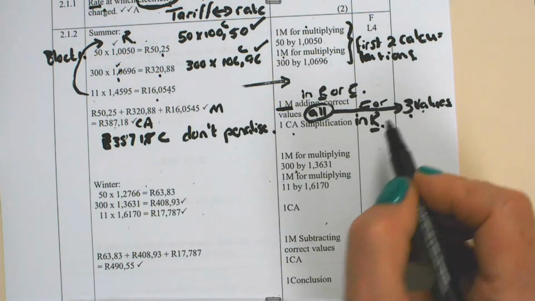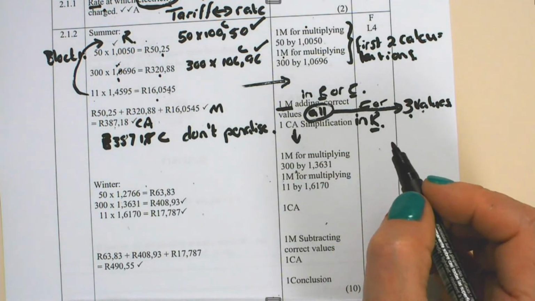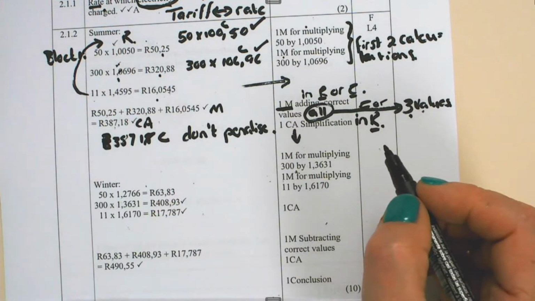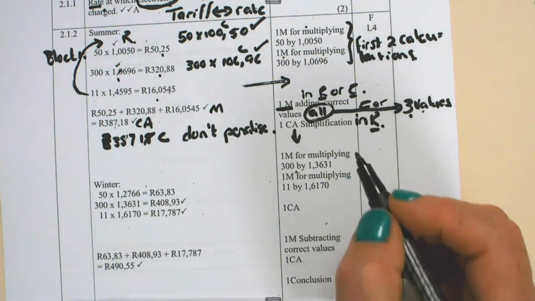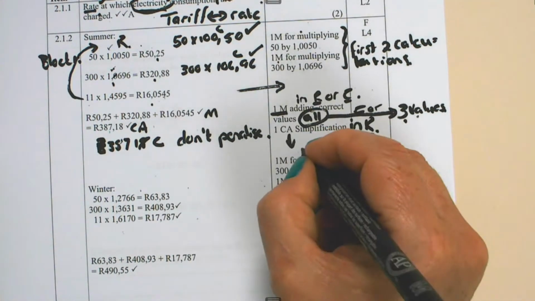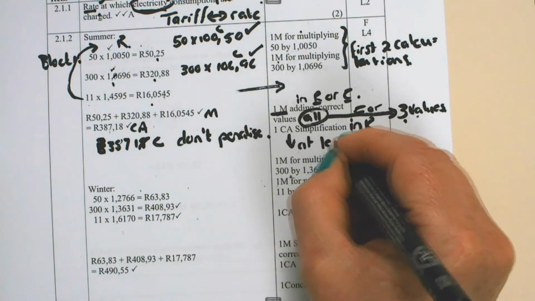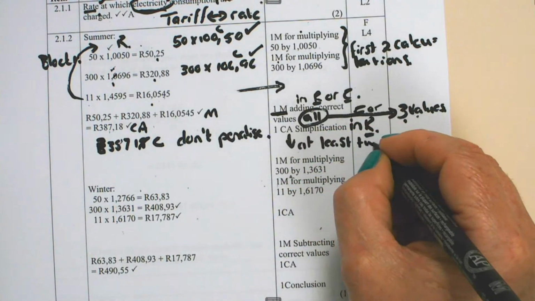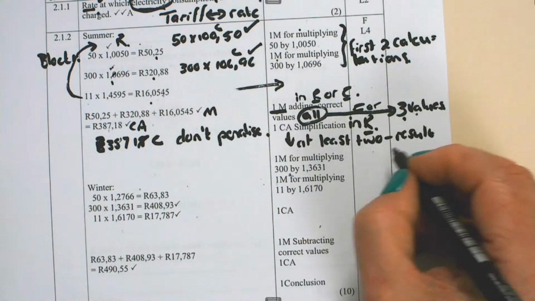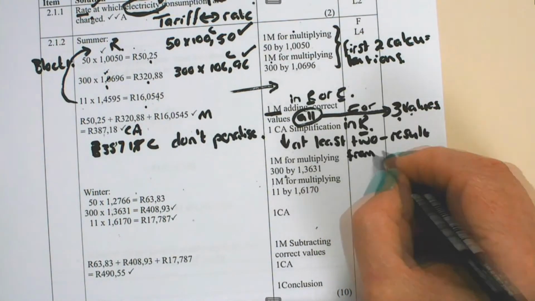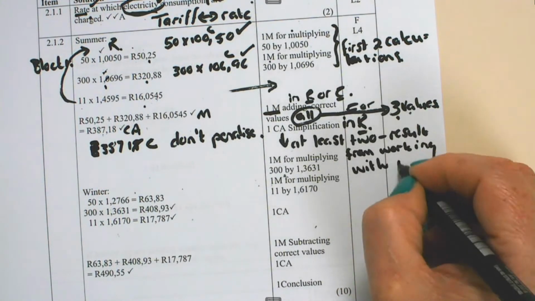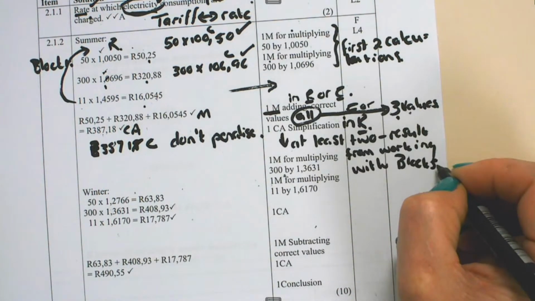Now, if they only add 2 values, you can still give the simplification mark as long as the values are coming from working with the blocks. At least 2 values must be there, and they must result from working with the blocks. Then you can still give the CA mark.